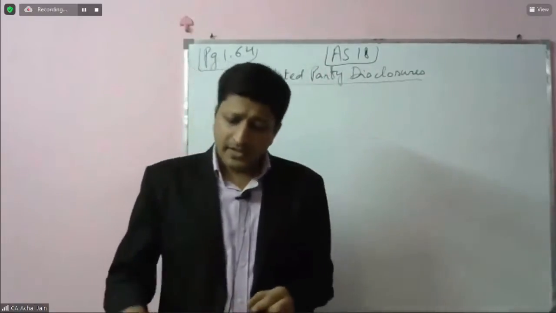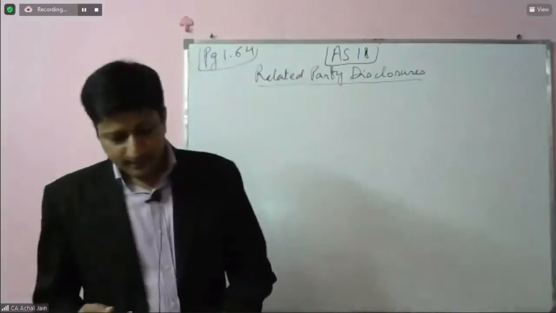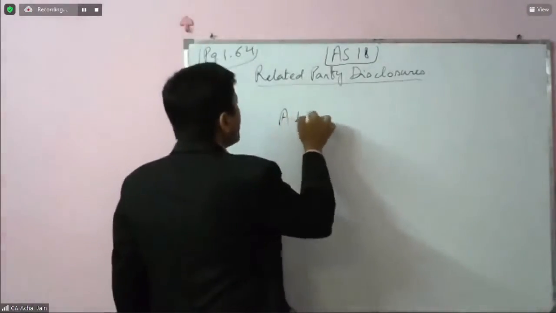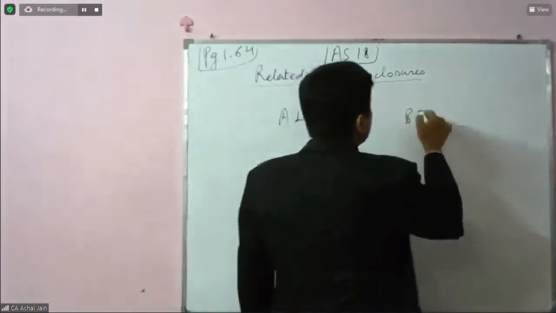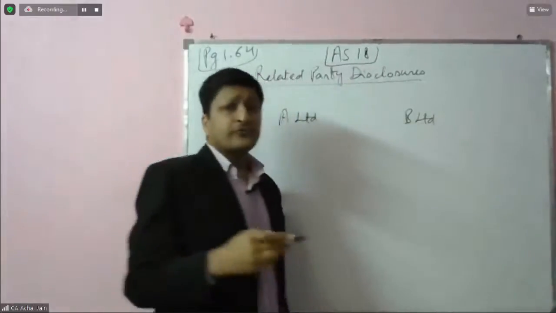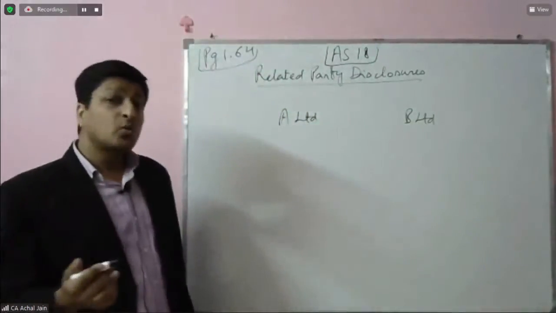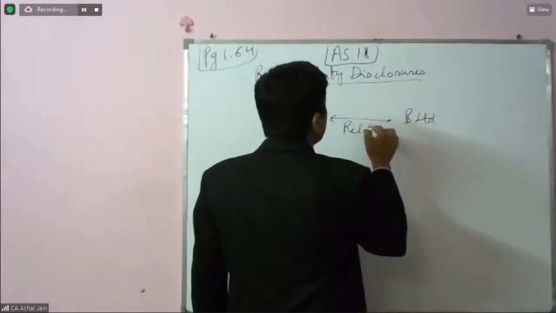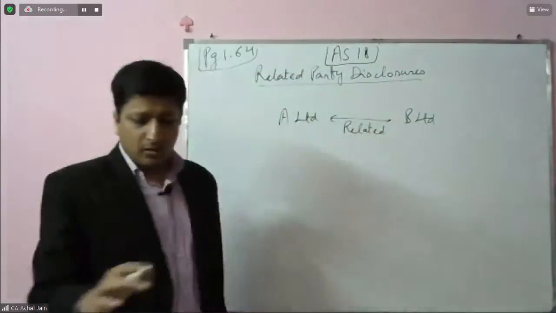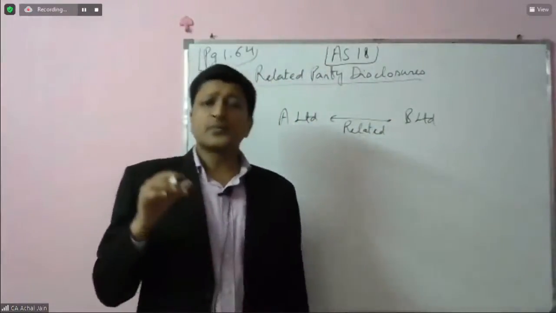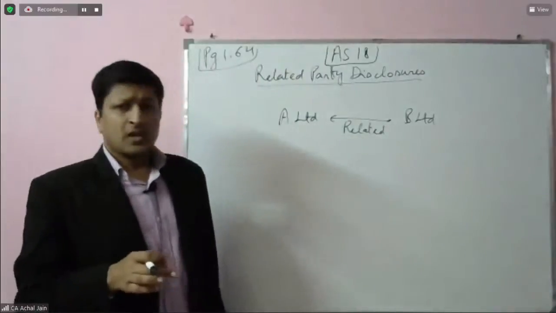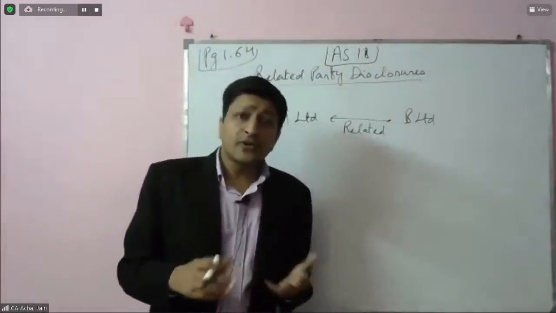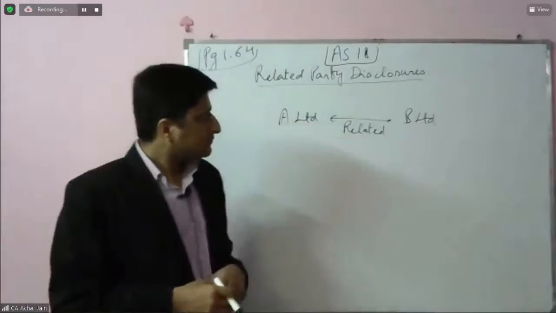One, it may happen that there are two parties. Say A Limited and B Limited. I'm not talking about father, son, father, mother. I'm talking about two companies who are related to each other. How will they become related to each other? We'll talk about it. Let's suppose they are related to each other, say for example, they belong to the same group.